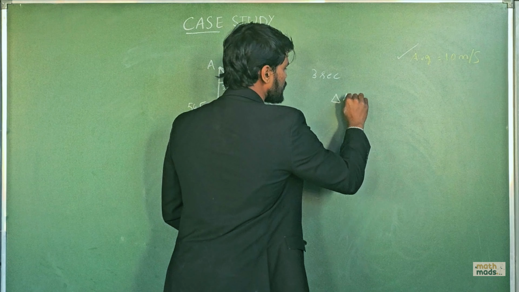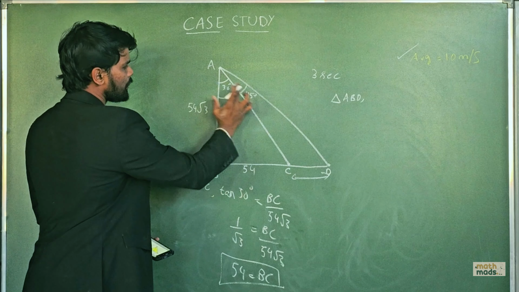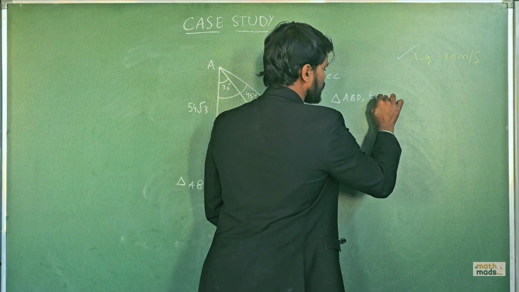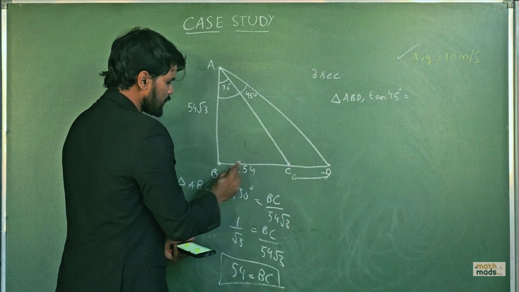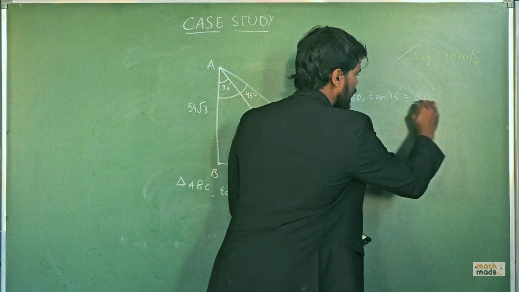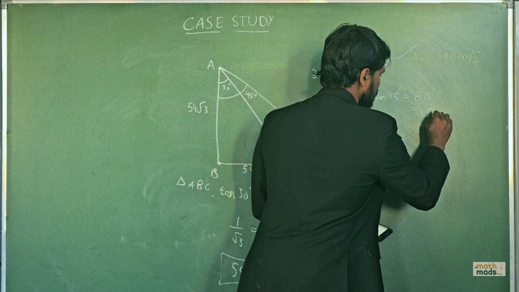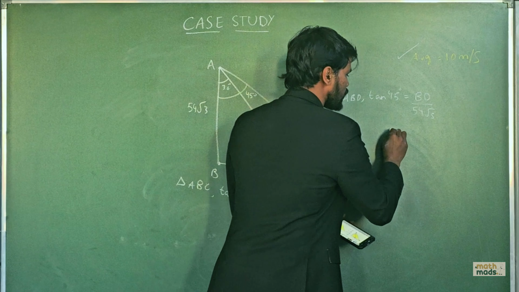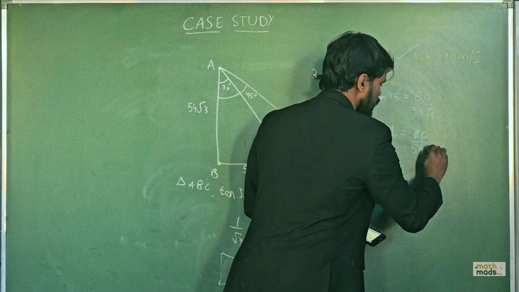Now, I will consider the bigger right angle triangle, that is triangle ABD. In triangle ABD, the angle here is given as 45 degrees. So, tan 45 degrees is equal to opposite, that is BD, the whole thing, by adjacent, that is 54 root 3. Tan 45, as we all know, is 1, equal to BD by 54 root 3.